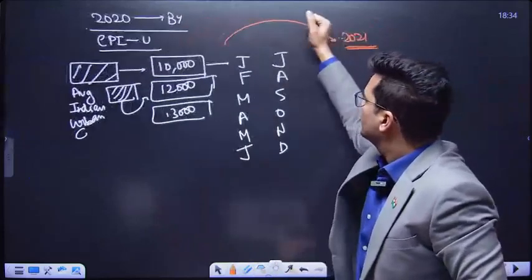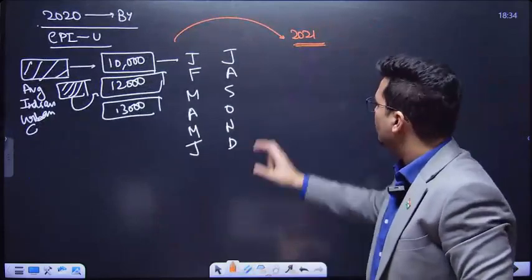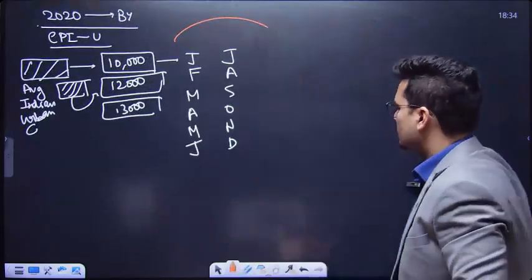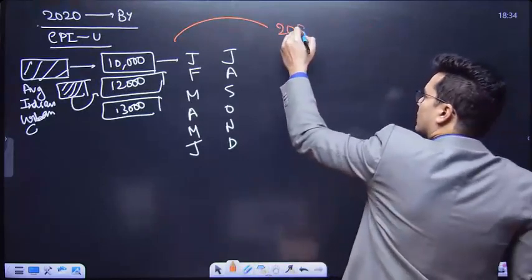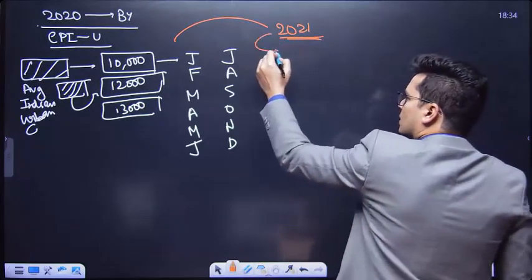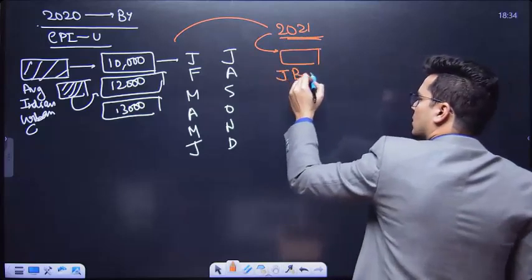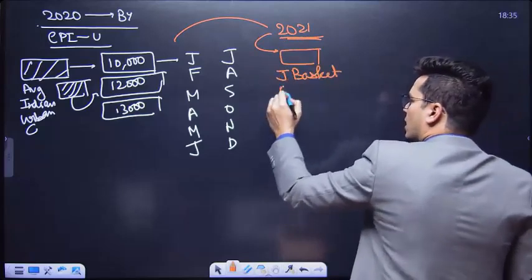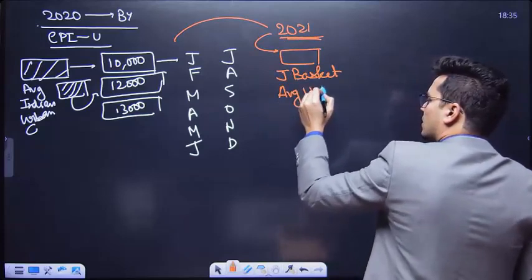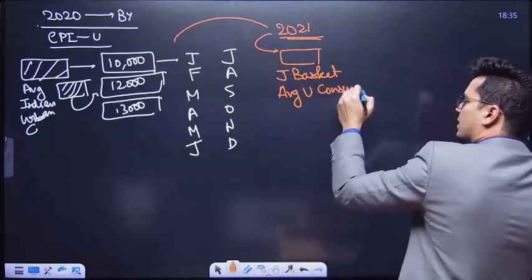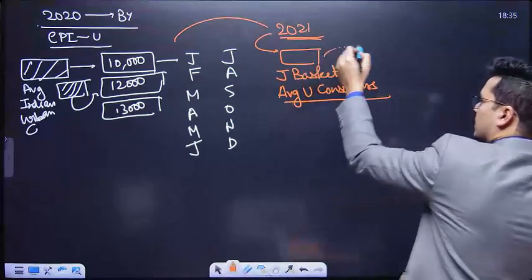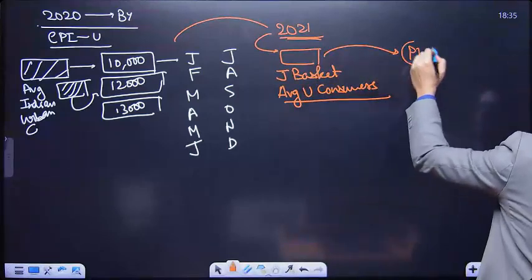मैंने ये बना ली. In 2021 what will I say? In 2021 I will say that okay, I know this is my January basket for average urban consumers in India. देखते हैं इस जनवरी बास्केट का अब प्राइस लेवल क्या है.